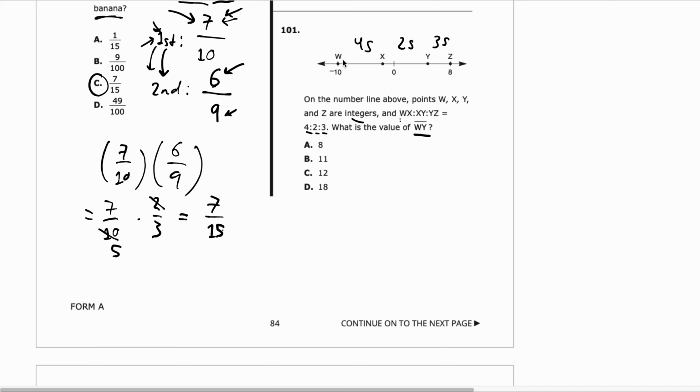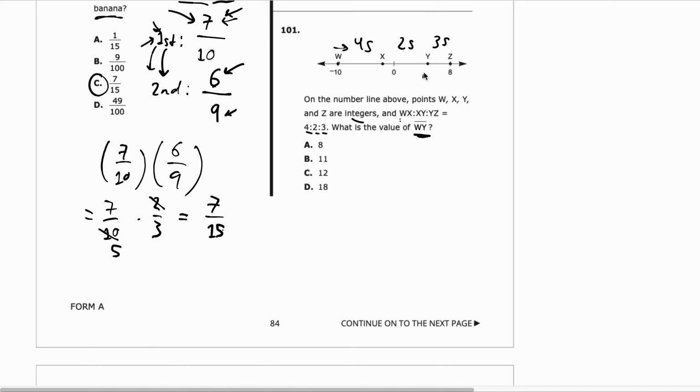Right, so the ratio of WX to XY to YZ is still 4 to 2 to 3. S is just a variable, and we're representing the length of WX this way. And we want to know what the value of WY is.